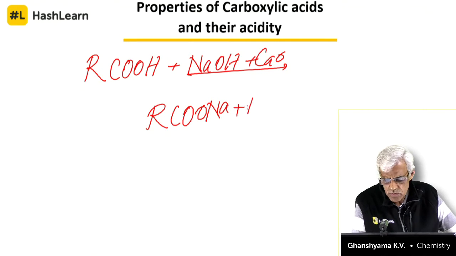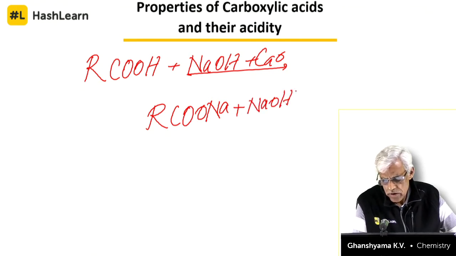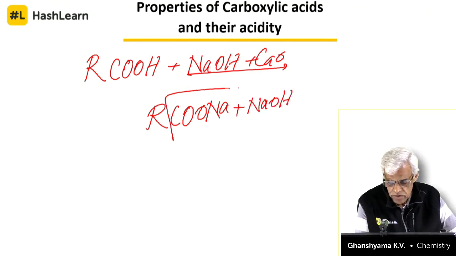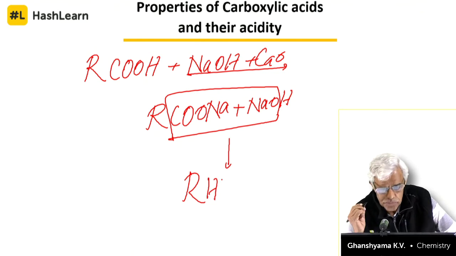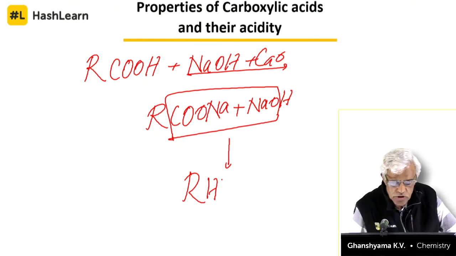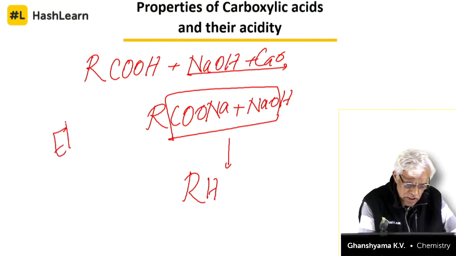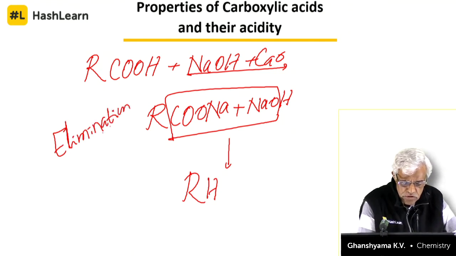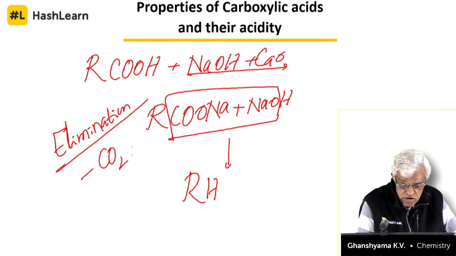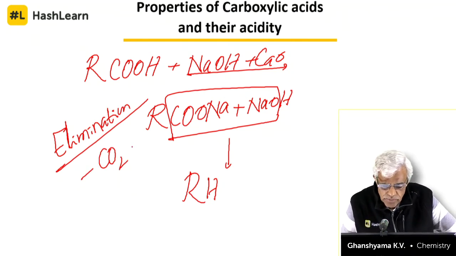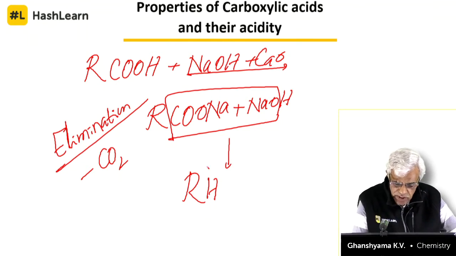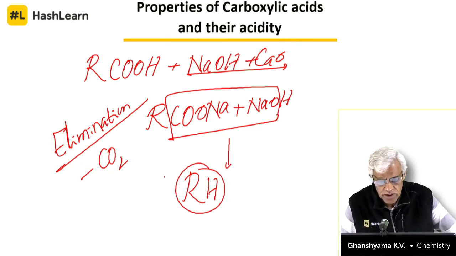This RCOONa, if you heat it, reacts again with sodium hydroxide, giving sodium carbonate, and you are left with an alkane. This is a decarboxylation reaction, an elimination reaction. So, if you heat it with soda lime, it forms RH.